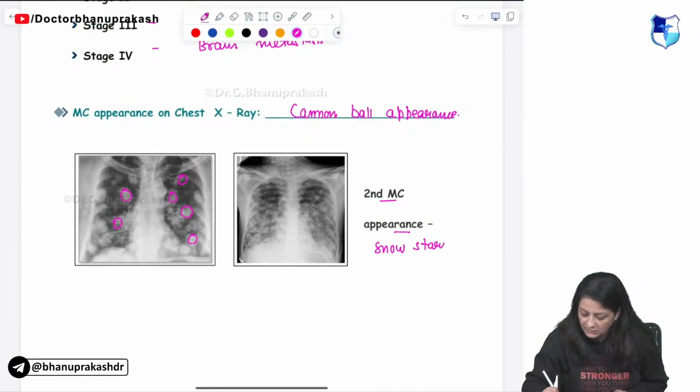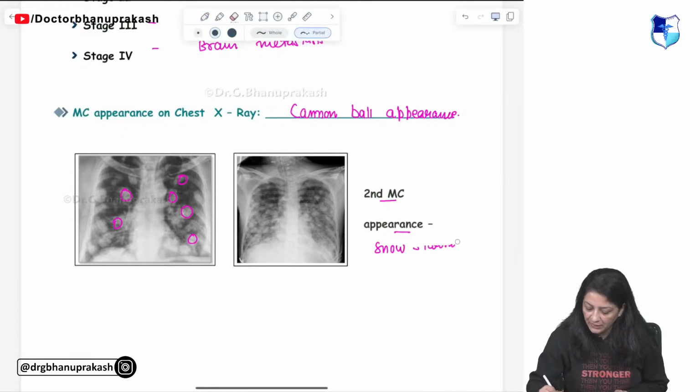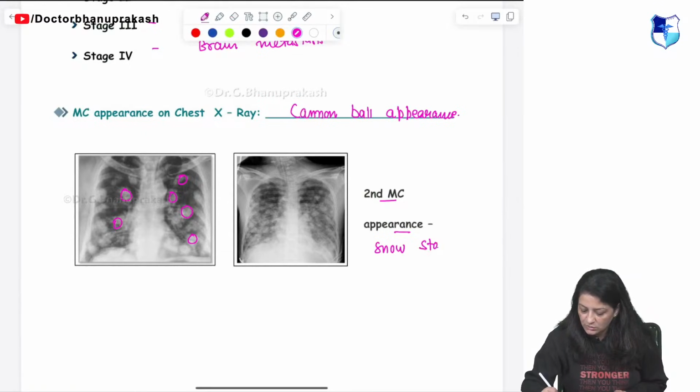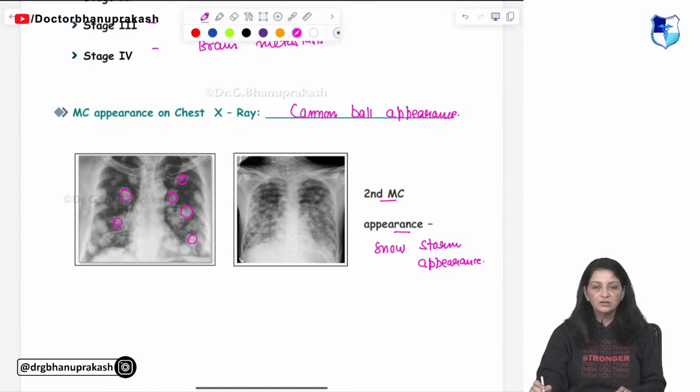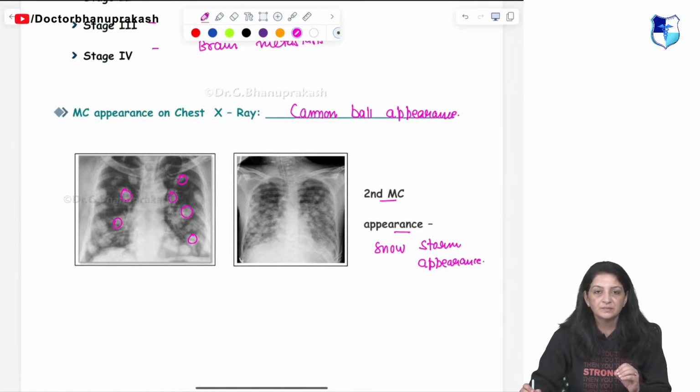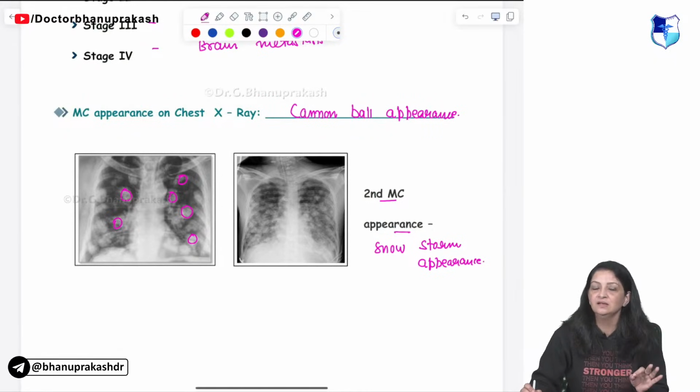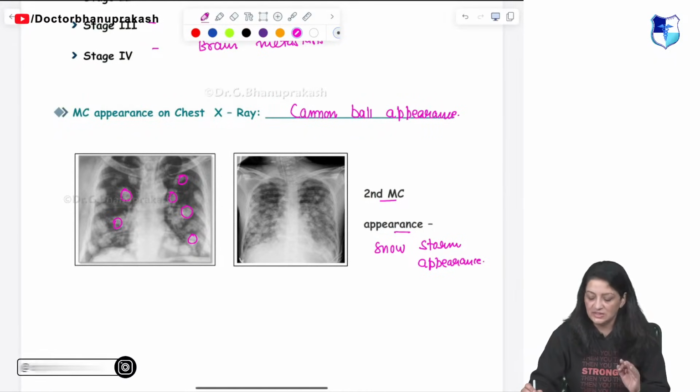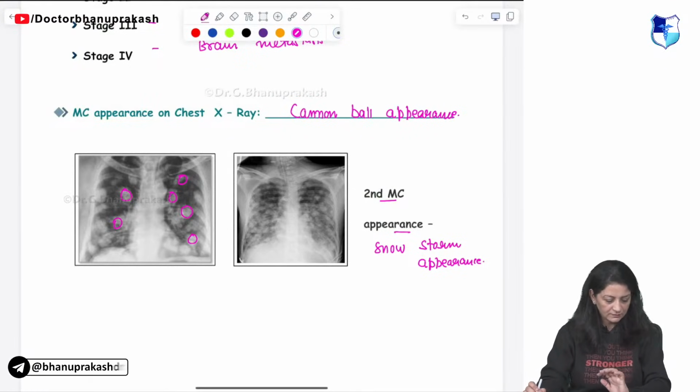Snowstorm appearance on chest X-ray. Clear? Snowstorm appearance on ultrasound is seen in complete mole. On chest X-ray it is seen in metastasis of choriocarcinoma in lungs.